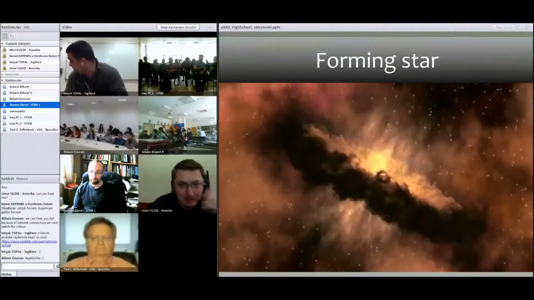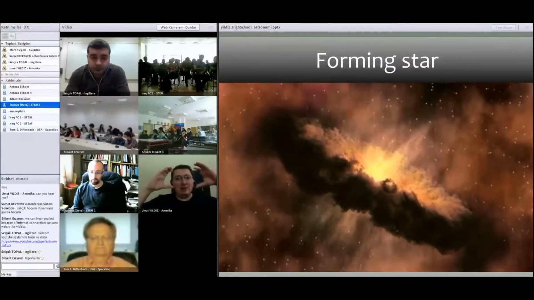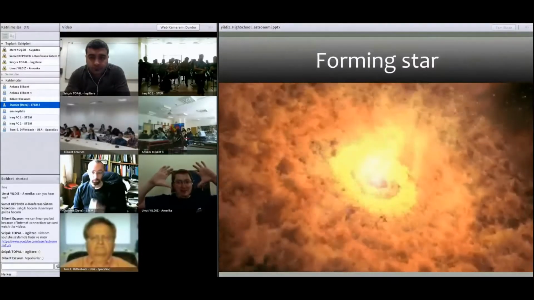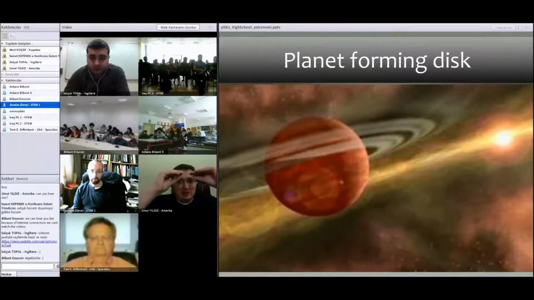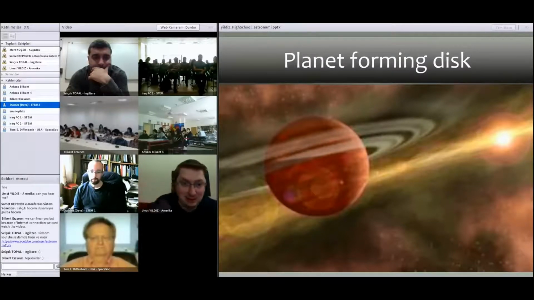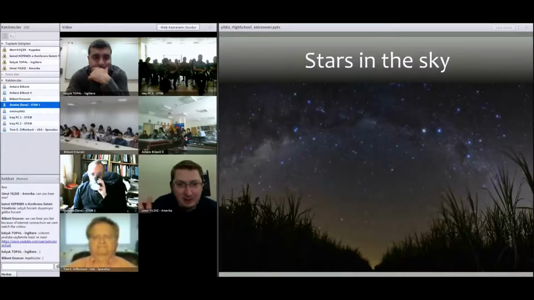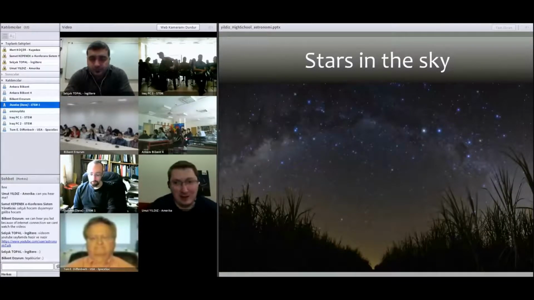In the beginning it's a very thick disk, and then in time it becomes thinner, and then from these disks it creates new planets, and these planets, like our Earth, are actually forming inside these disks. And in the end, we have the stars like we see in the sky.